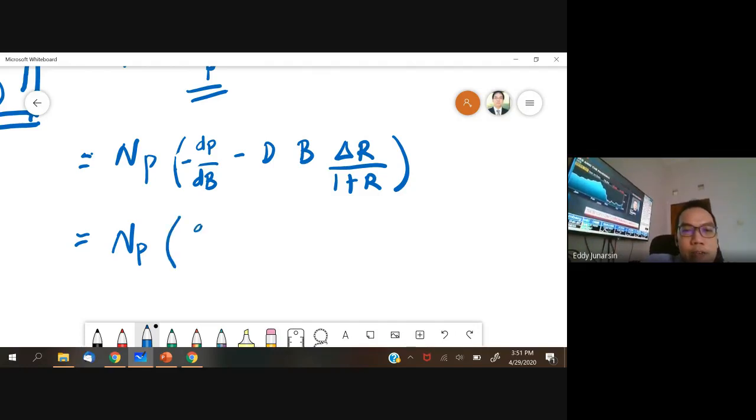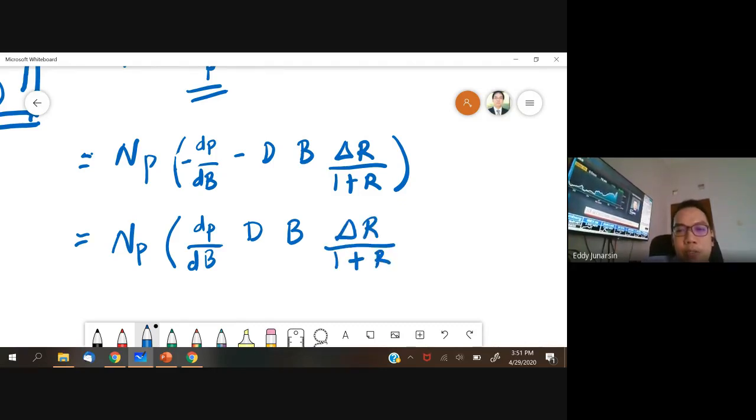With the long put situation, it would look like this: the delta of the option multiplied by the duration, multiplied by the underlying bond value or size, multiplied by the change in interest rate divided by 1 plus the original interest rate. Both become positive because we have negative and negative. This is for the long put situation.